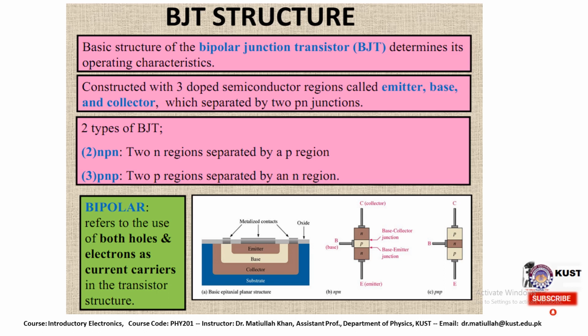This is basically the structure of the transistors. Here we have the emitter, this is the base region, which is in between the emitter and collector, and this is the collector region. This is the simple structure. In the case of NPN, it will be like this: this is the base of the NPN transistor, this is the emitter region, and this is the collector region.